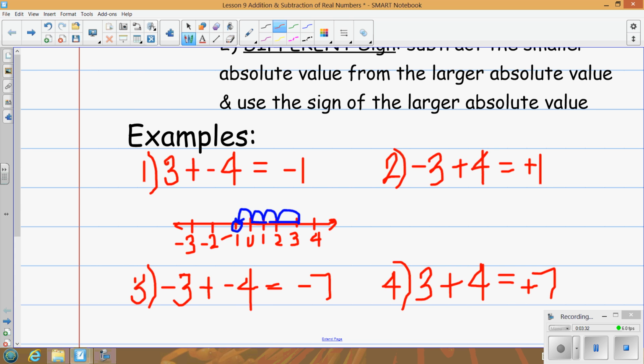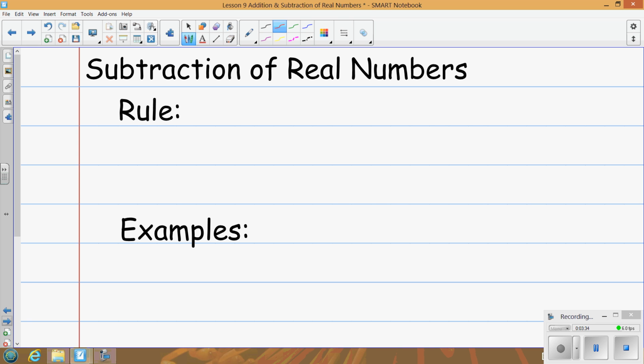Now when you think of subtraction, subtraction is basically the same thing as addition. The only difference is you want to think of it as you're adding its opposite. So for subtraction, we're just going to add its opposite.